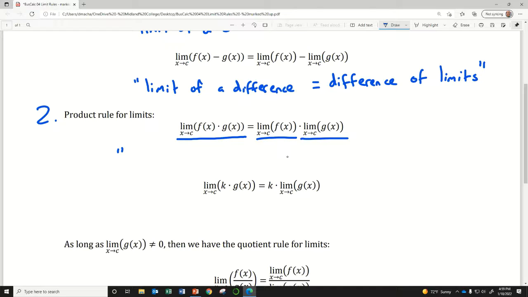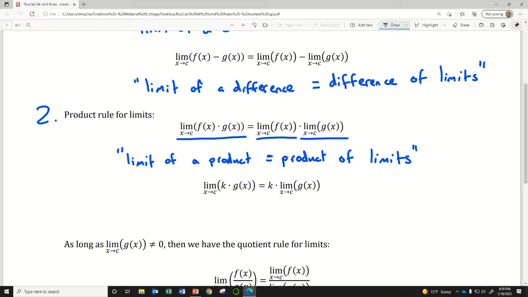And so I could write the same thing if we're taking a limit of a product, that's equal to the product of two individual limits. Another way of saying this might be to say you can break up a limit if you see that you're multiplying two or more things inside the limit. You can break it up into two separate limits and multiply those.